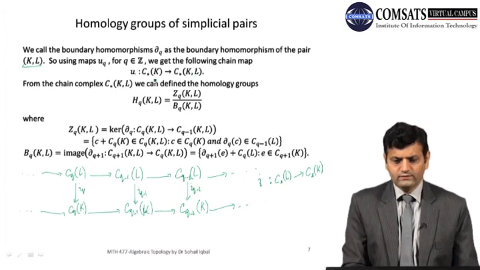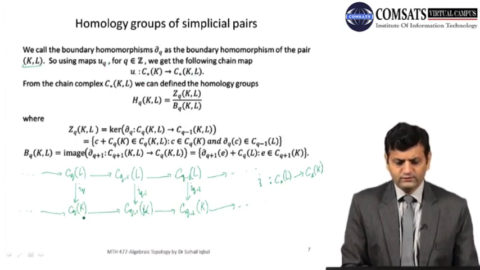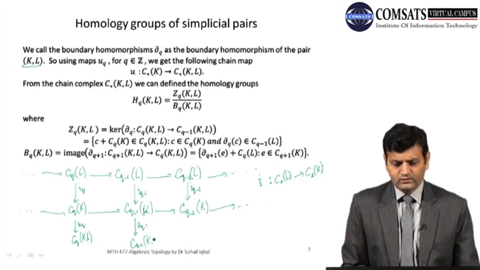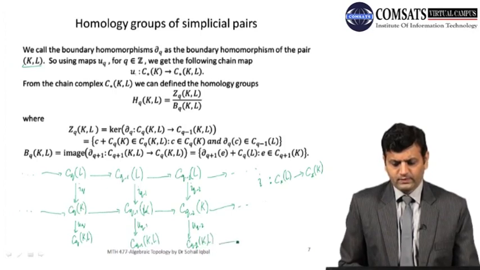Now we have u_q from C_q K to C_q (K,L), and we have u_{q-1} from C_{q-1} K to C_{q-1} (K,L), and so on, u_{q-2} to C_{q-2} (K,L).